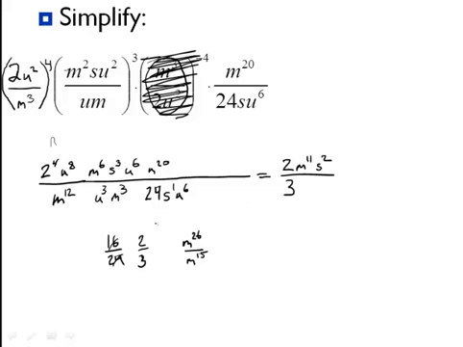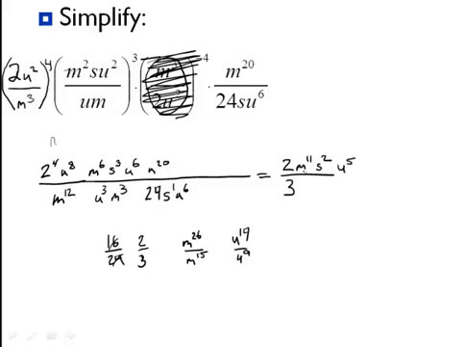And finally, there are 6 factors of u on top plus 8 factors of u from the beginning. There's 14 factors of u in total. And then down here, there's 3 factors of u and 6 more factors of u. That's 9 factors. So 14 on top and 9 on the bottom. That works out to u to the 5th on top.